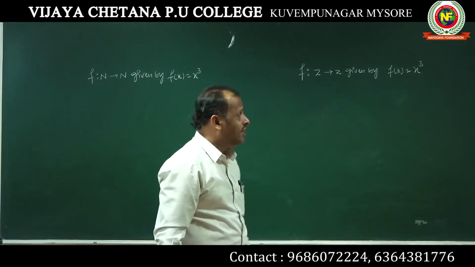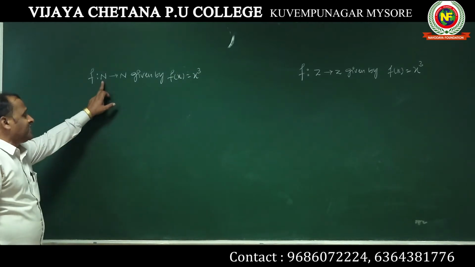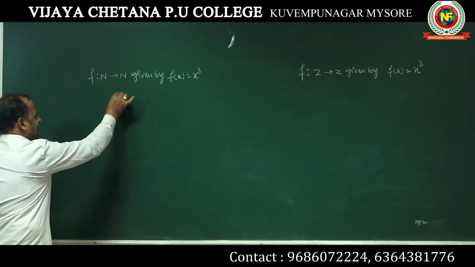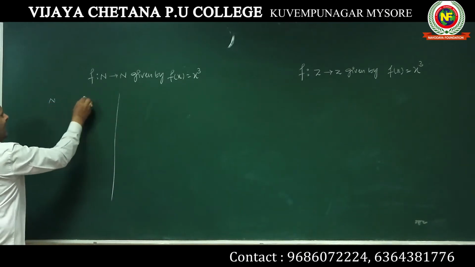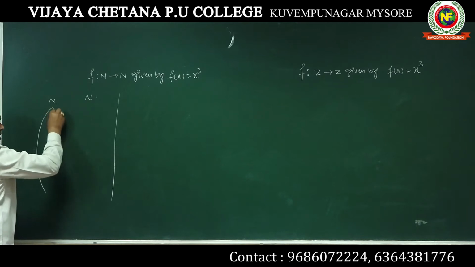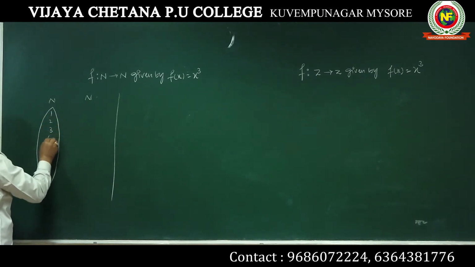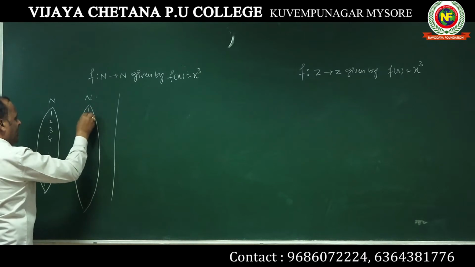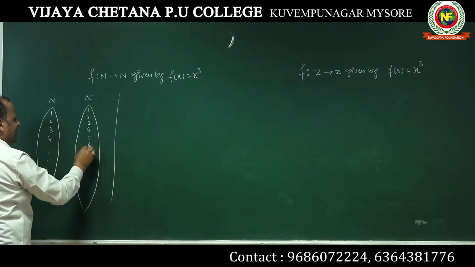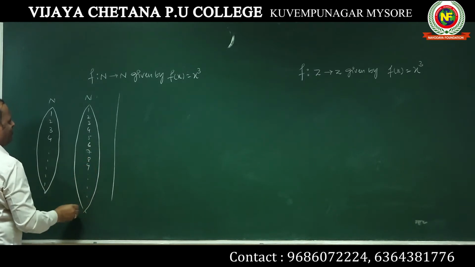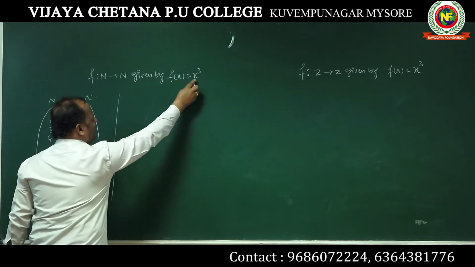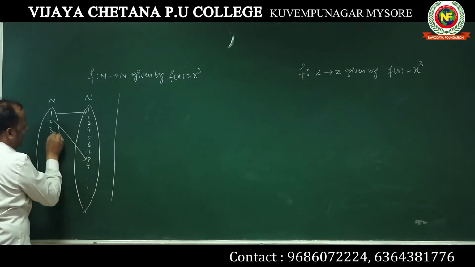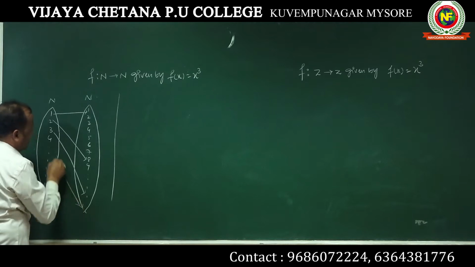Let me take the set of natural numbers on the left, 1, 2, 3, 4, etc., and the natural numbers on the right, 1, 2, 3, 4, 5, 6, 7, 8, 9, etc. If you substitute, 1 cube is 1, 2 cube is 8, 3 cube is 27, 4 cube is 64.